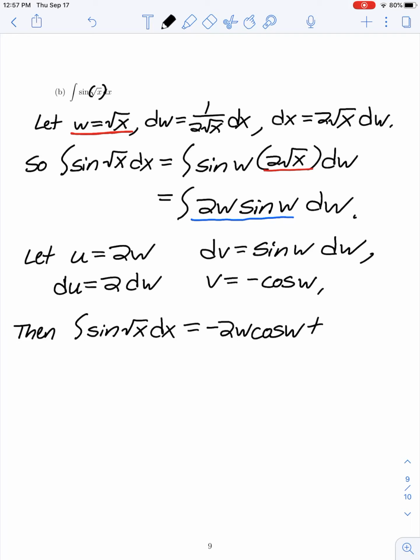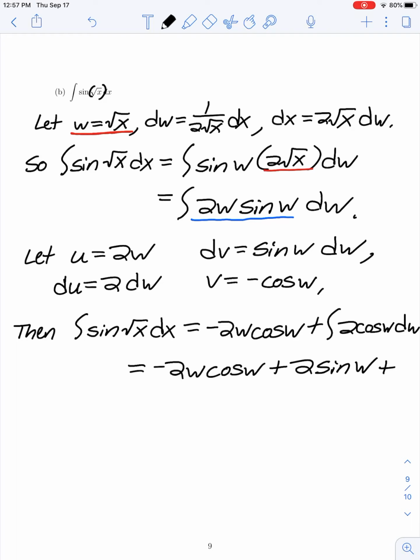When I'm subtracting that, I'll get a positive integral of 2 cosine w dw. So we have a negative 2w cosine w, and then plus 2 times the antiderivative of cosine, which is sine of w. And at this stage, once I've evaluated that integral, I can include my constant of integration plus c.